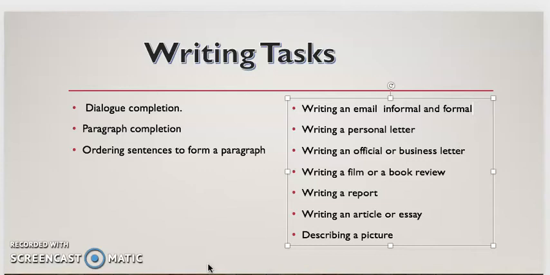In writing a report, you're going to talk about an event that happened somewhere, for example, in your school, in your city, in your village.